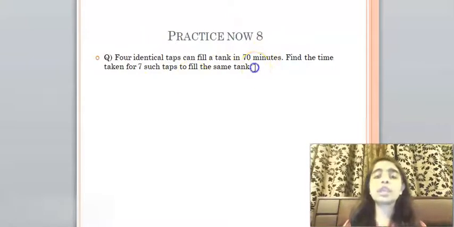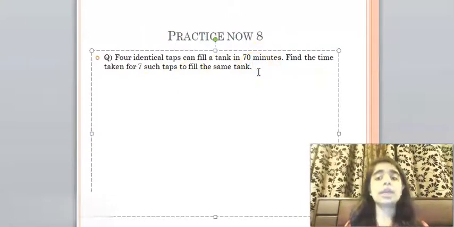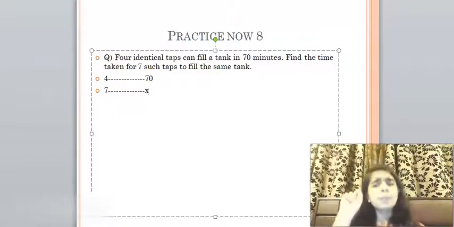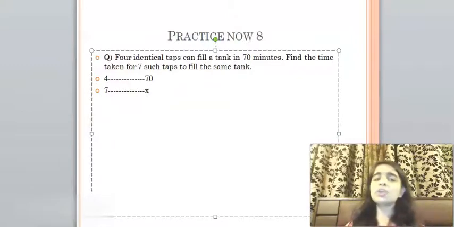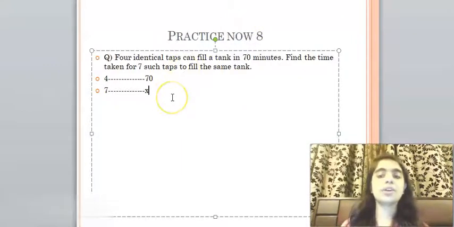Now let's do this with the unitary method, and then I'll show you some other question with the formula. Okay, so 4 taps can fill a tank in 70 minutes. How long will it take for 7 such taps to fill the same tank? Okay, so 7, and we don't know the time. We will keep it as x. Now, if you remember, in direct proportion, what did we used to do for the unitary method?